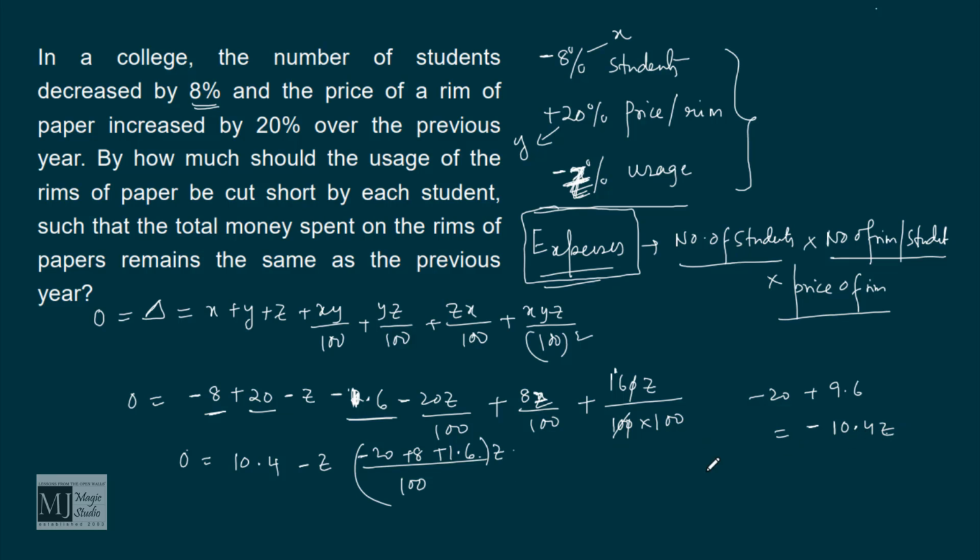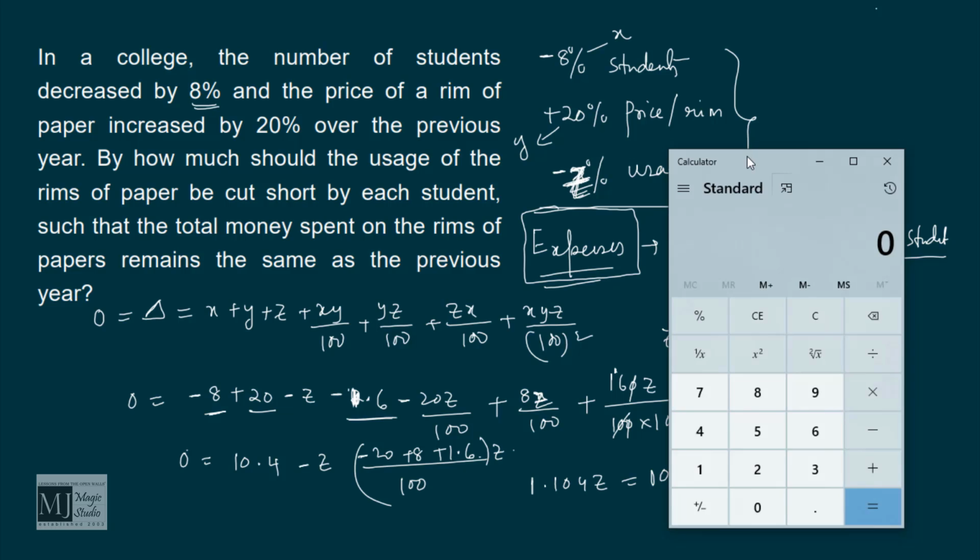Minus 10.4 divided by 100 would be minus 0.104z minus z plus 1. So I can say 1.104z is equals to 10.4. That means z equals to 10.4 by 1.104, and the calculator value would be 9.4 near about.